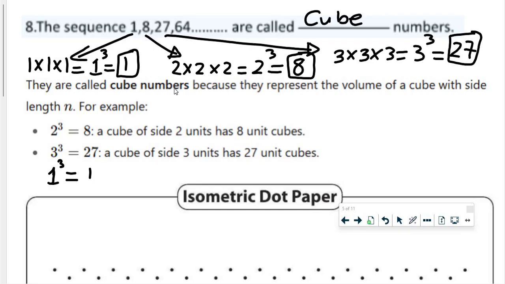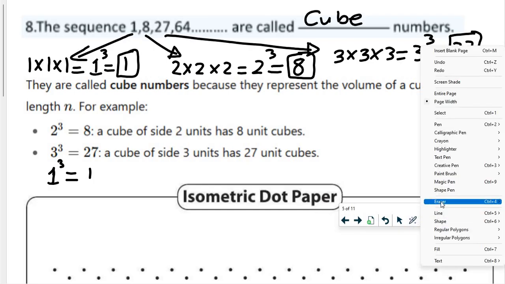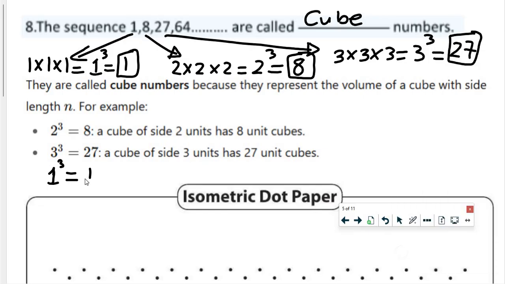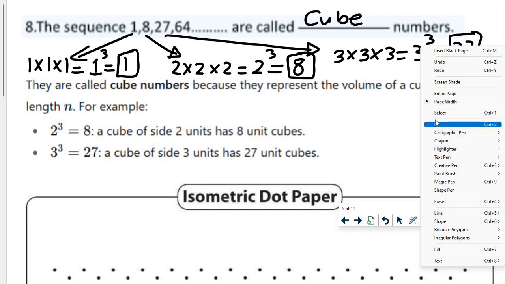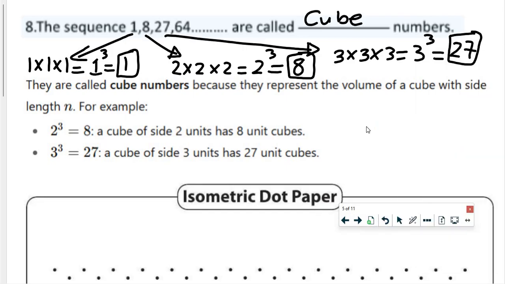Now, why are they called cube numbers? Everybody pay attention here. Why do we call them cube numbers? Reason. They are called cube numbers because they represent the volume of a cube with side length n.